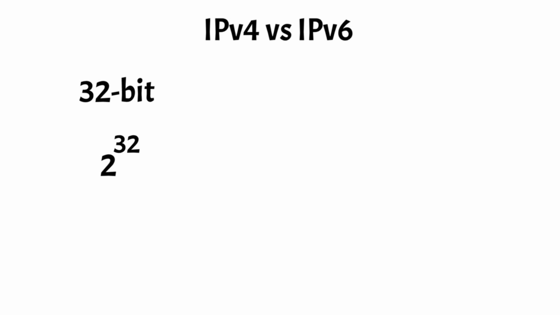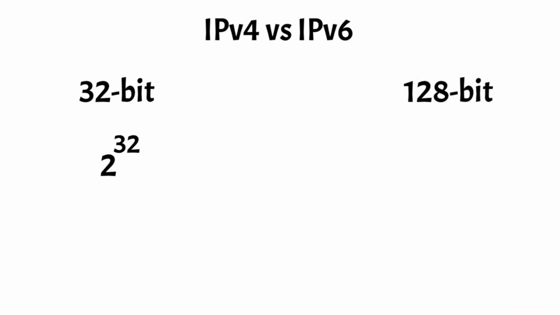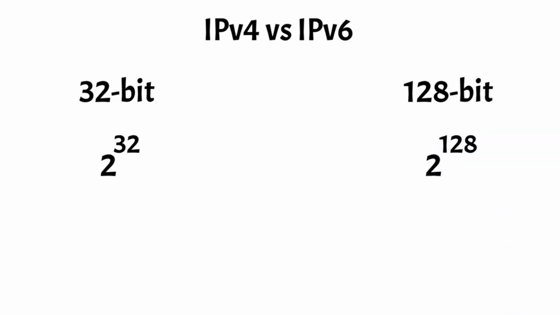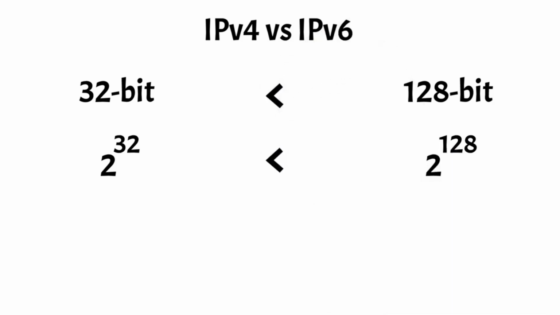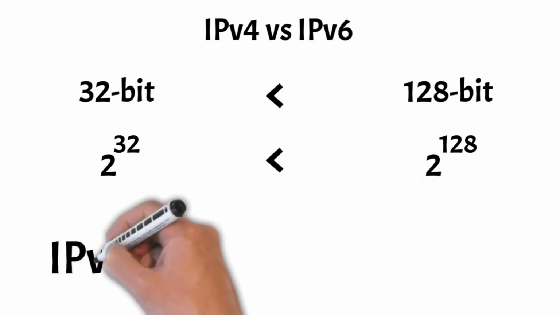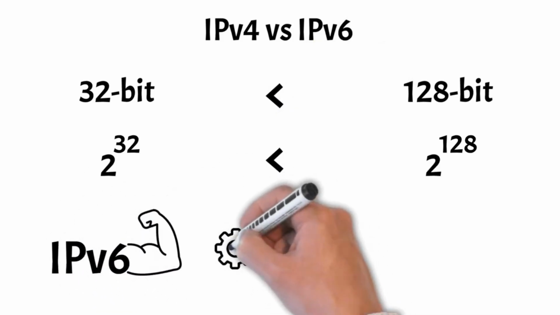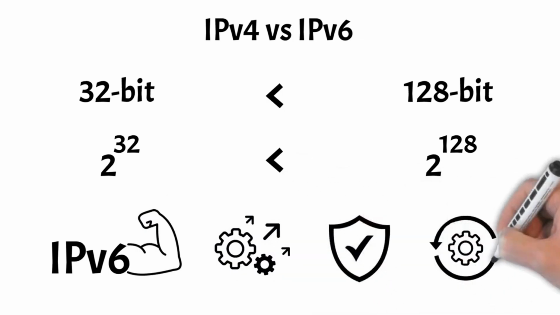In contrast, IPv6 addresses are 128-bit alphanumeric labels written in hexadecimal format, providing an almost limitless number of unique addresses. This expansion was necessary due to the rapid growth of Internet-connected devices, which exhausted the available IPv4 addresses. Additionally, IPv6 includes enhancements in areas such as routing efficiency, security, and auto-configuration capabilities compared to IPv4.